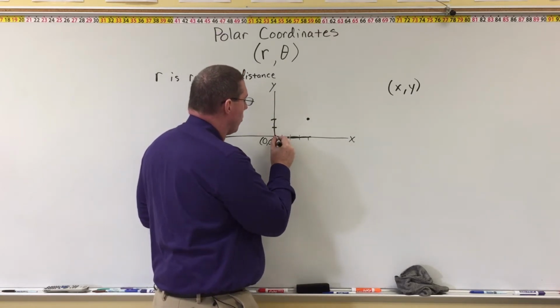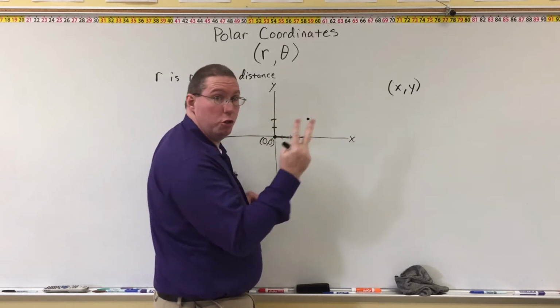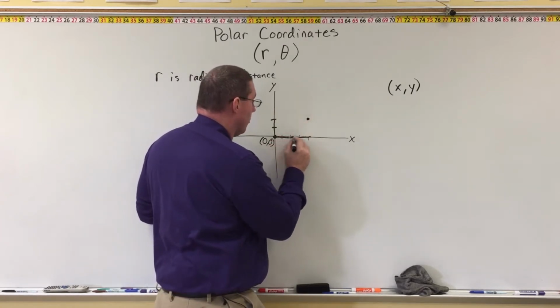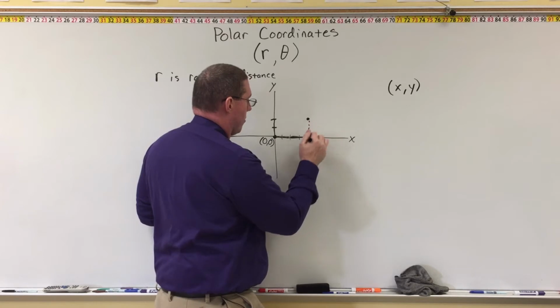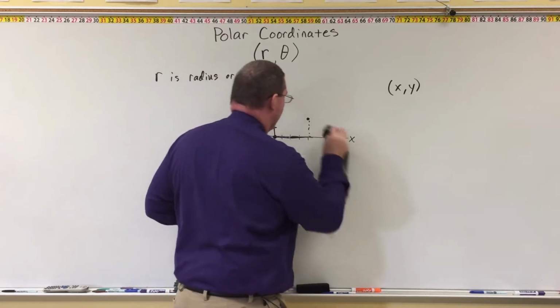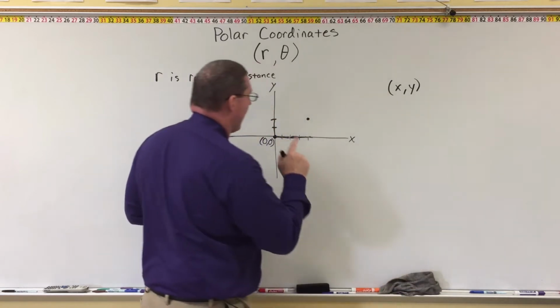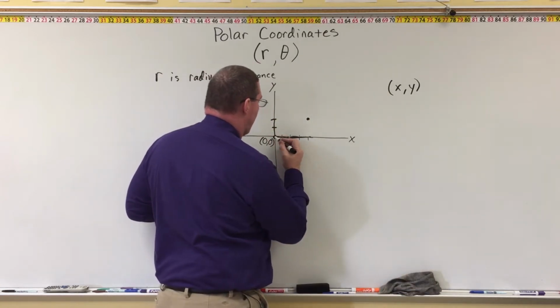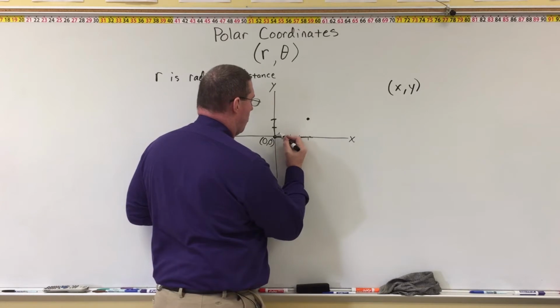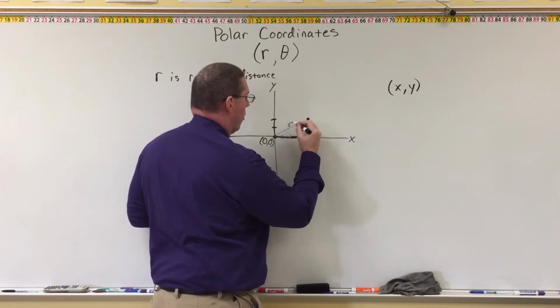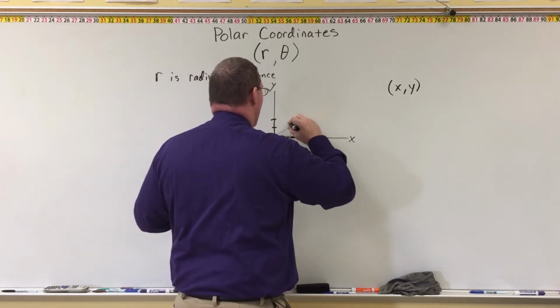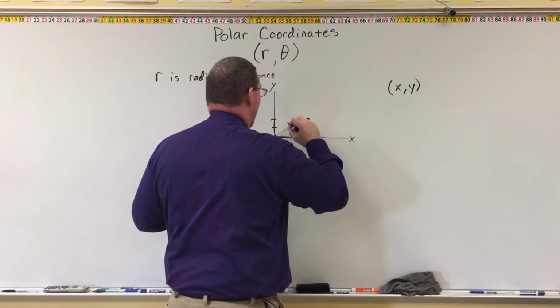Well, rectangular coordinates are identified by two distances, a horizontal distance and a vertical distance, right? But polar coordinates are determined by a single distance, a straight line distance from the starting point to the point right there. We call that the r, or the radius, okay?